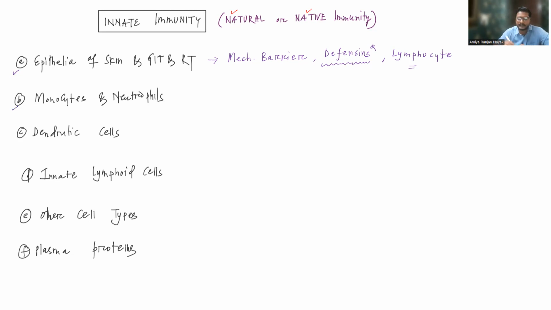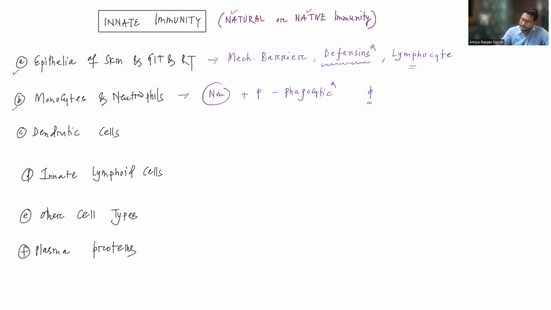The second group of cells includes neutrophils and monocytes. Basically, these neutrophils and macrophages have phagocytic functions. The macrophages present in the tissues are the tissue phagocytic cells.